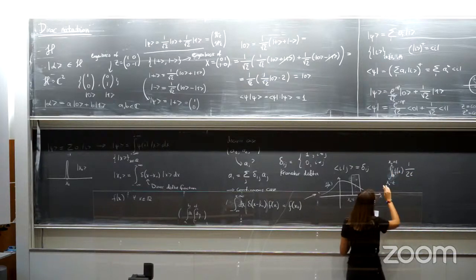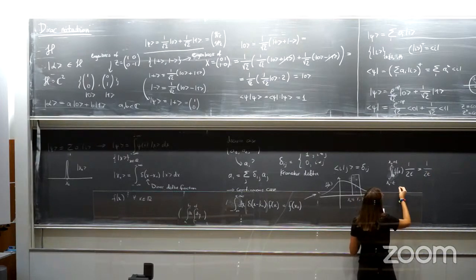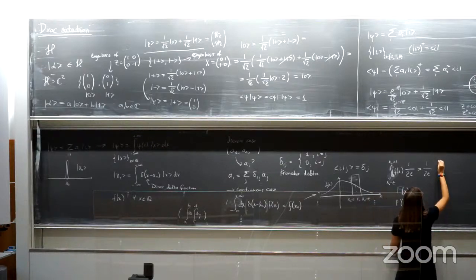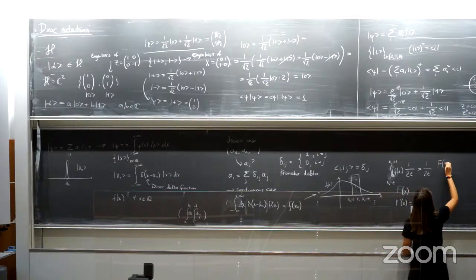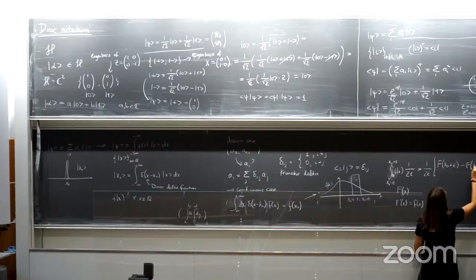we integrate it over dx, and 1 over 2 epsilon goes out. Here, let us call the antiderivative of f of x a big F, so that F prime of x equals small f of x. Then what we get is big F of x0 plus epsilon minus big F of x0 minus epsilon.